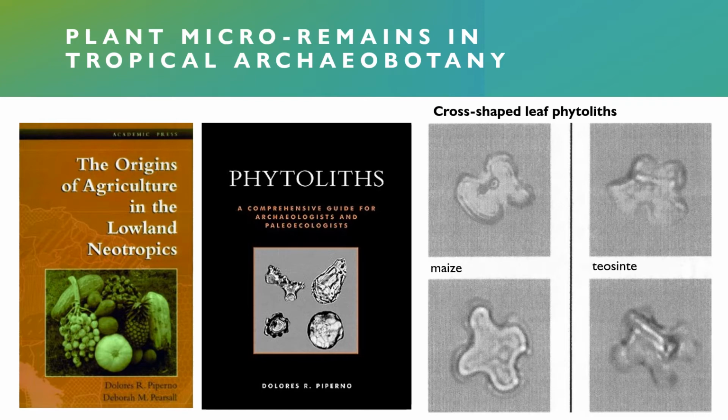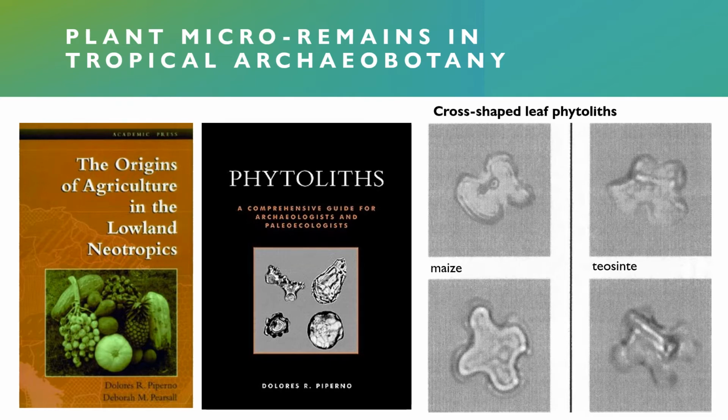Primary basic research on maize phytoliths has been conducted by Deborah Pearsall, who was the first researcher to examine how maize phytoliths could be studied and identified in archaeological contexts. She compiled detailed size attributes of a type of grass phytolith called cross-shaped that is produced most commonly in leaves and also in lesser quantities in husks and tassels of the plant.